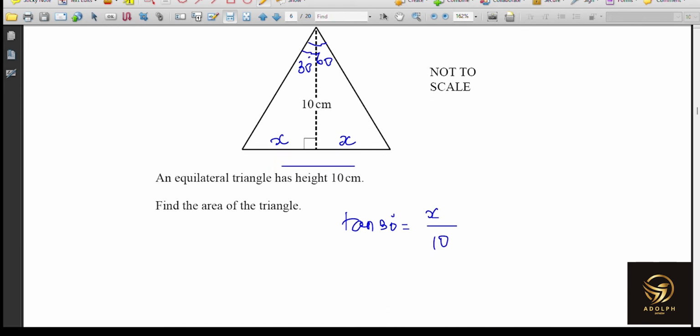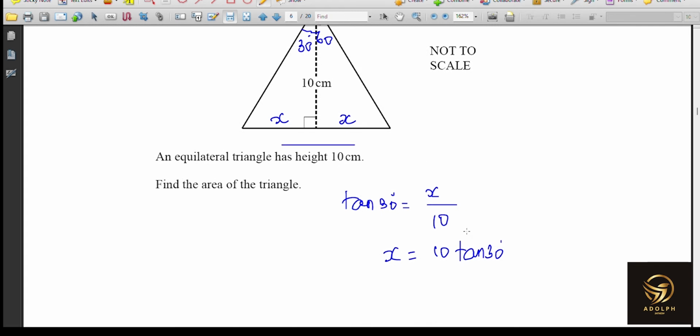Since I want the value of x, I can write this as 10 tan 30, but I want the whole base, so I can write that as 2x. So 2x is nothing but 20 tan 30.